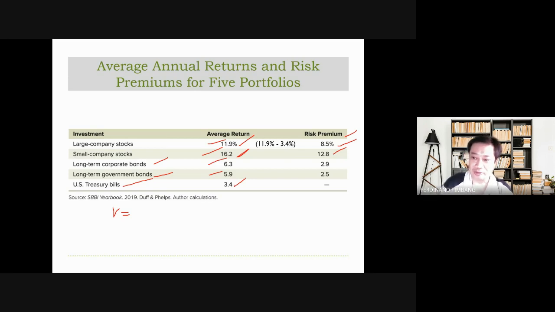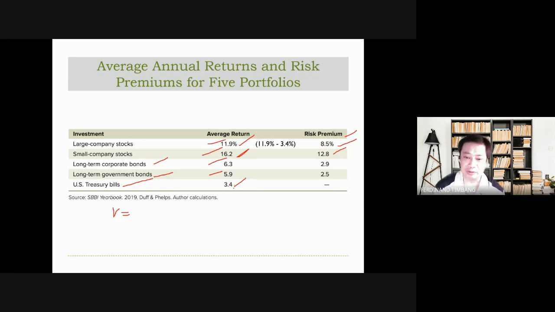Kasi ang basis natin for the risk-free is the 3.4. Because if you do not want to take any risk, then do not invest in large company stocks, small company stocks, long-term corporate bonds or long-term government bonds. Instead, you just invest in the US Treasury bills because practically it has no risk.